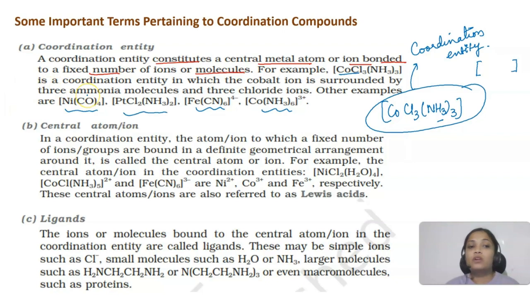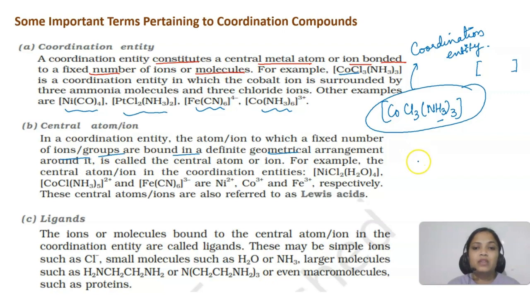Now what is the central atom or ion? In a coordination entity, the atom or the ion to which a fixed number of ions or groups are bound in a definite geometrical arrangement is called the central atom. So that atom or ion will be known as the central atom.